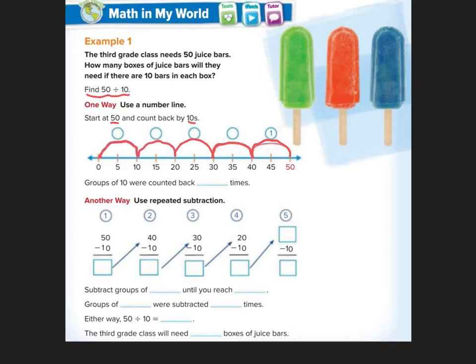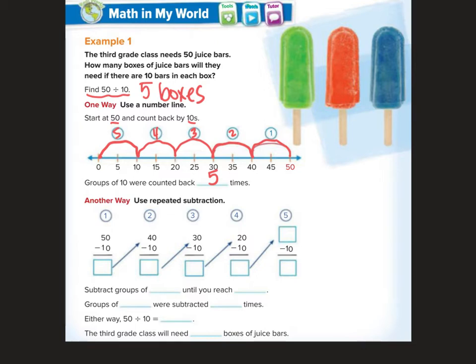So I'd be counting back 1, 2, 3, 4, 5 jumps, or 5 tens, right? So if groups of 10 were counted back 5 times, that means they would need 5 boxes of bars to feed all the 50 kids.